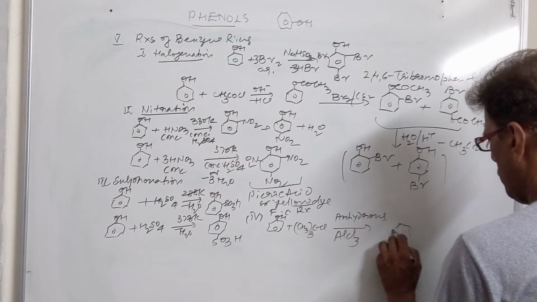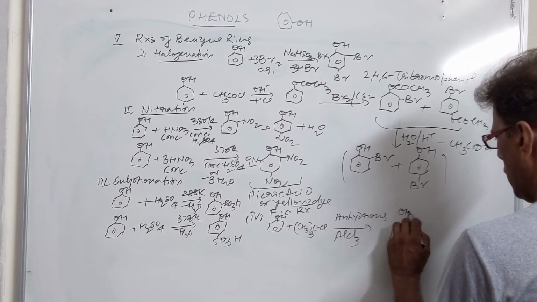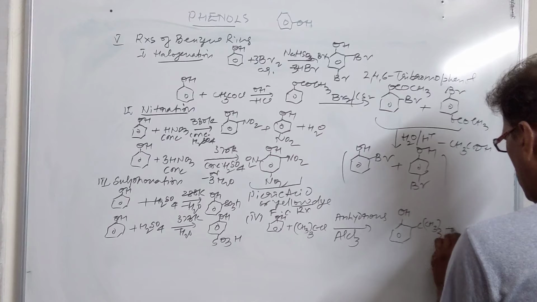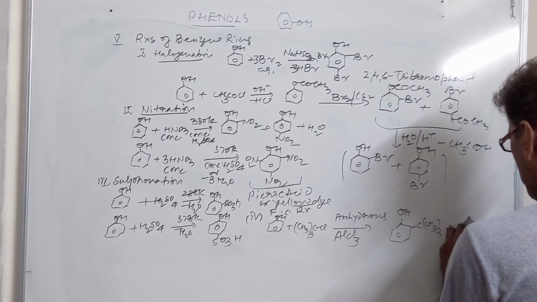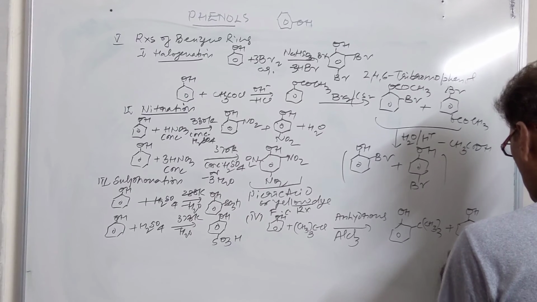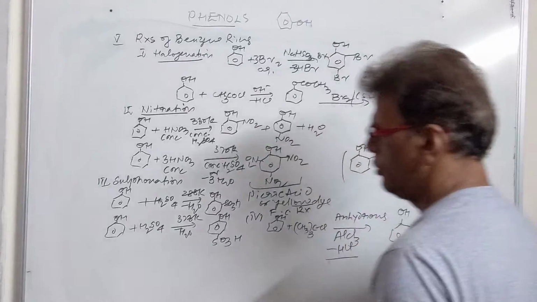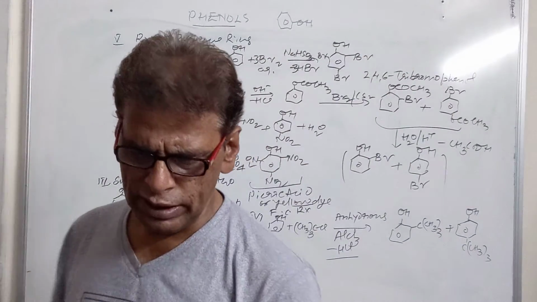This tertiary butyl group gets introduced at ortho position or at para position. And loss of HCl takes place here. So these are 4 reactions of the benzene ring.